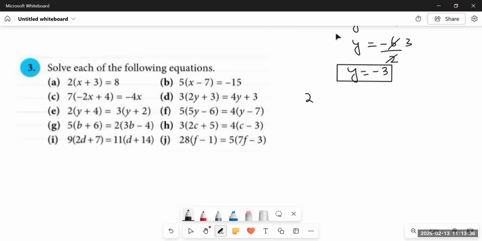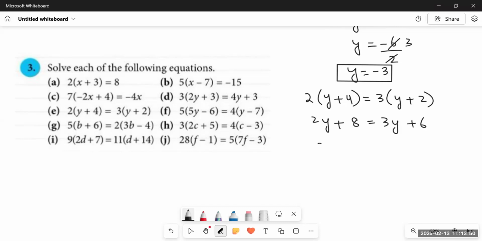Next we have 2 bracket 4y plus 4 is equals to 3 bracket y plus 2. 2y plus 8 is equals to 3y plus 6. 2y minus 3y is equals to 6 minus 8.